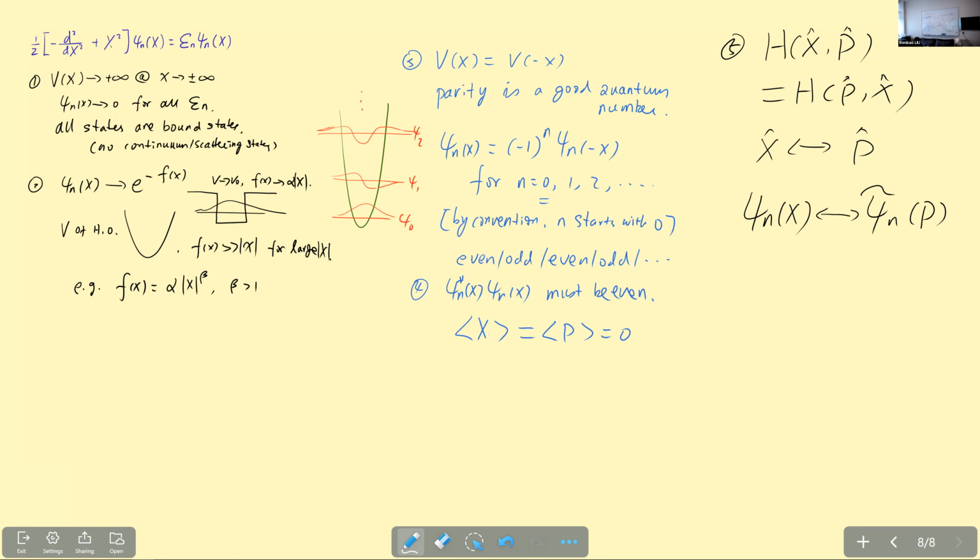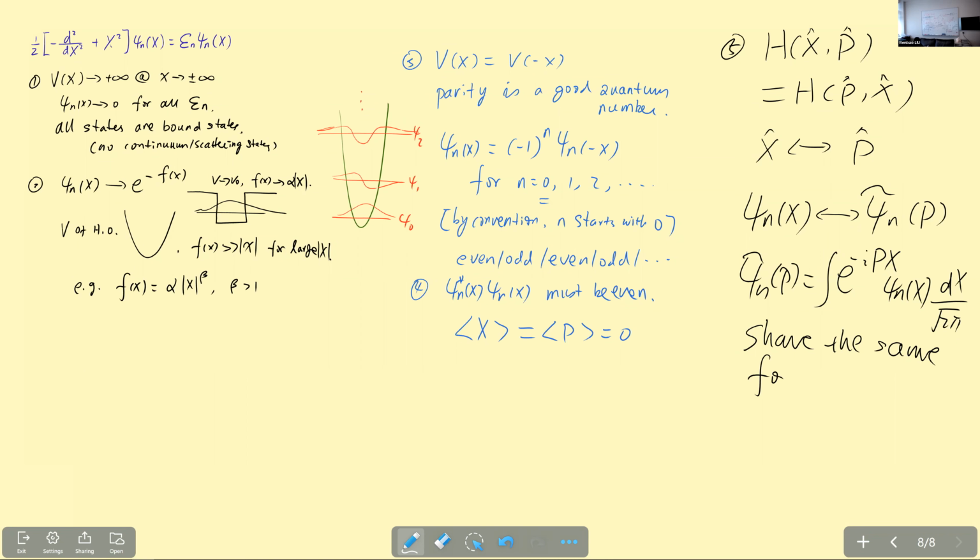If you do a Fourier transform, with ψ_m(p) given by the integral of e^(-ipx) ψ_m(x) dx over the square root of 2π, this one should have the same form as ψ_m(x). So this is a tremendously beautiful property of the eigenfunctions of the harmonic oscillator.